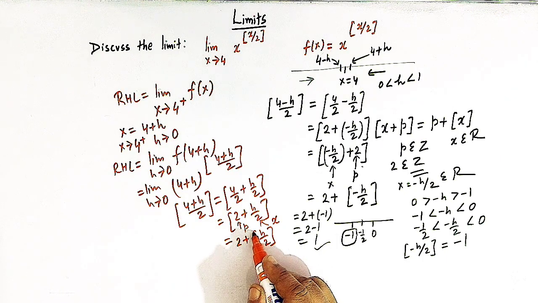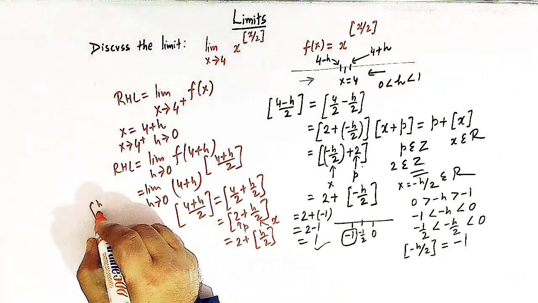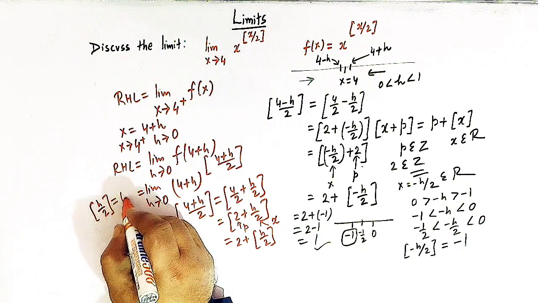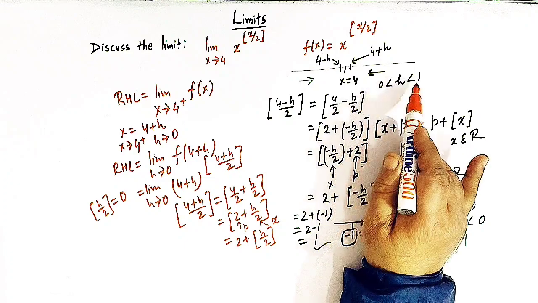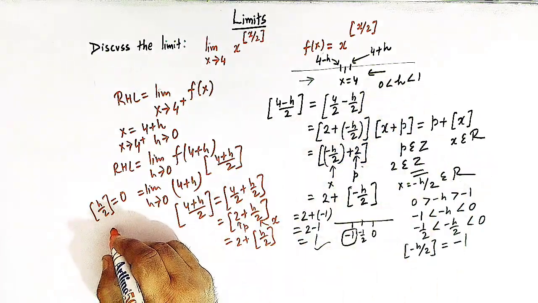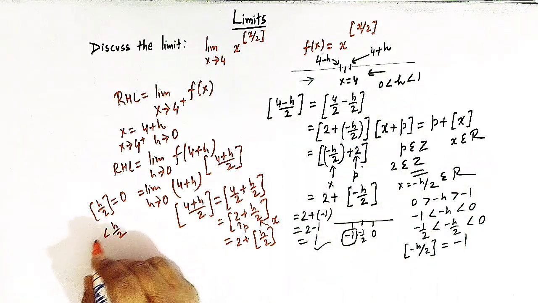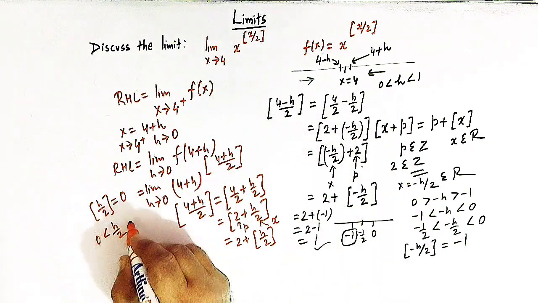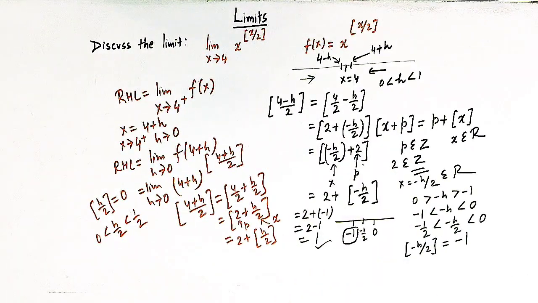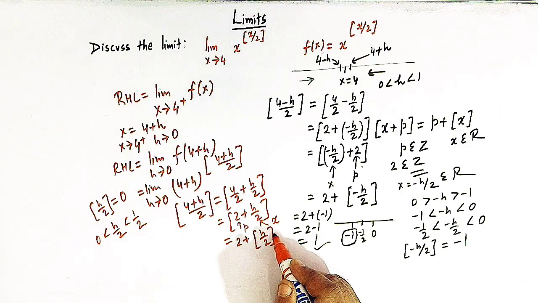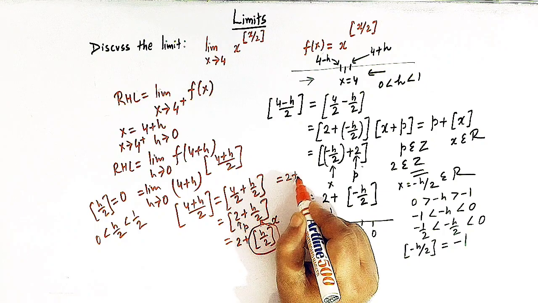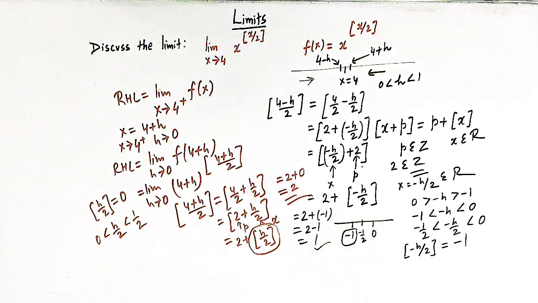Now see, the value of greatest integer of h over 2 is equal to 0, because h lies between 0 and 1. So h over 2 should lie between 0 and half. So the greatest integer of h by 2 is 0. So here we have this term equal to 0. So now we can write 2 plus 0, that is equal to 2, right?